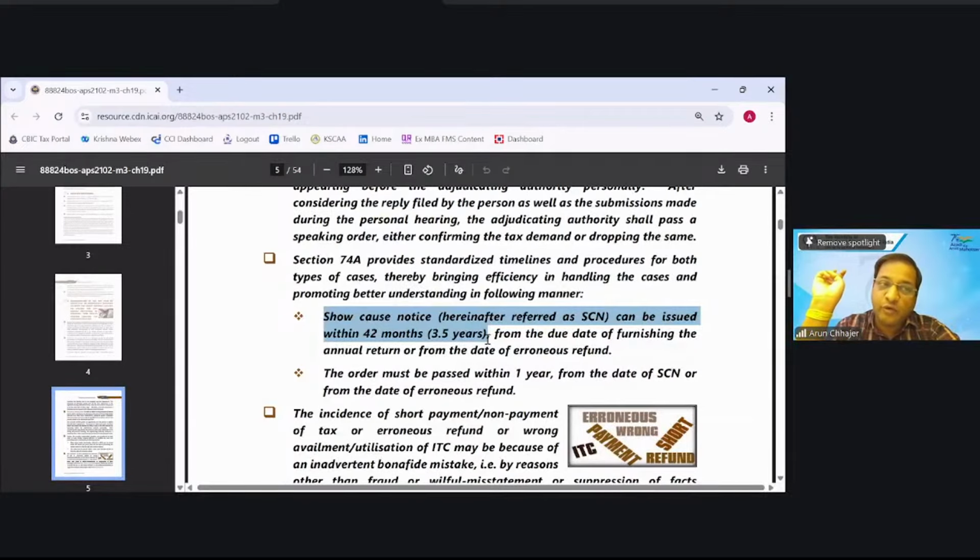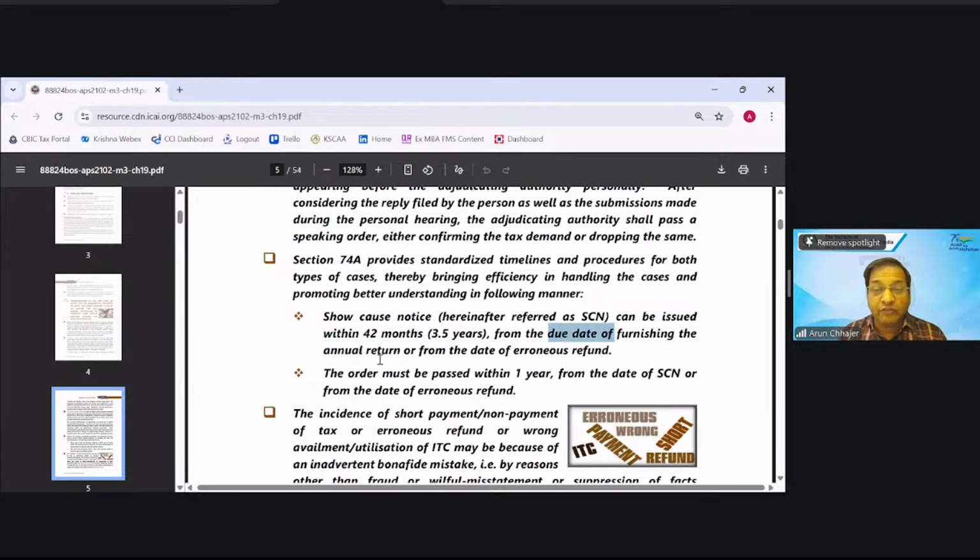So what is the last date to issue the show cause notice? Under section 73, the last date to issue the show cause notice is 2 years 9 months, and now it is 3.5 years. See this point, please: whenever you are doing revision, make sure what is being written, especially in terms of annual return.